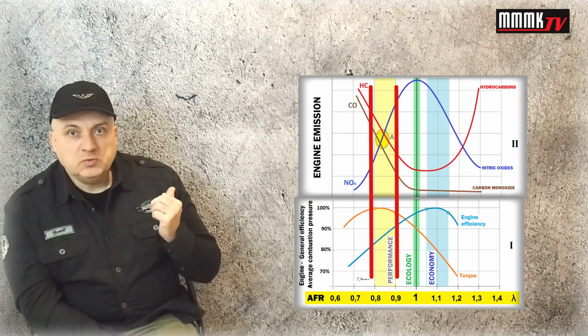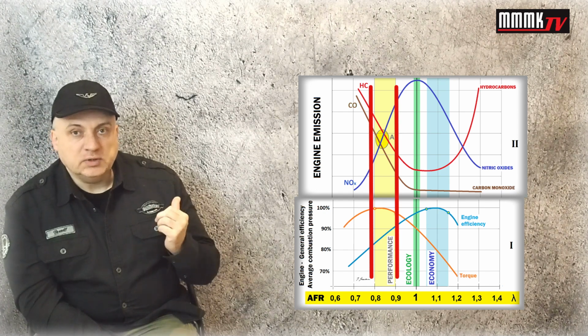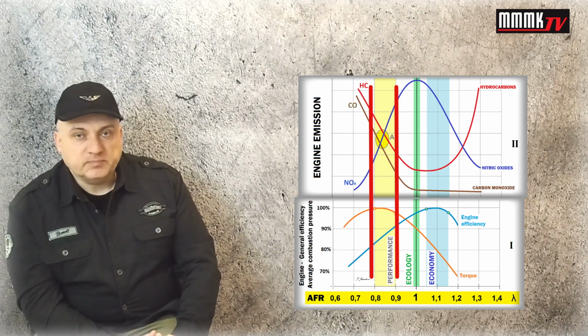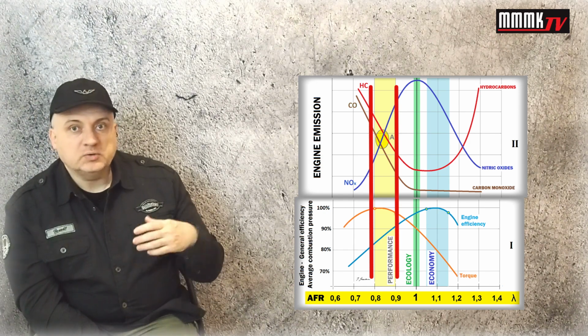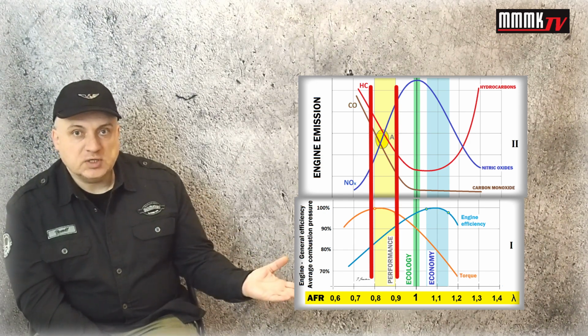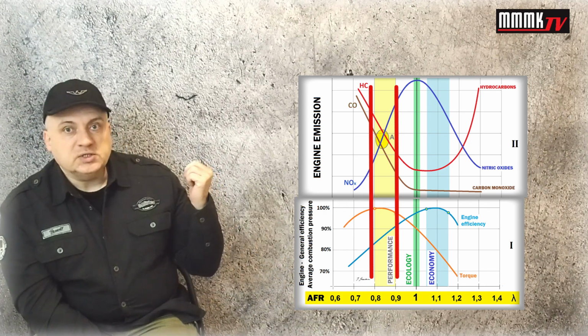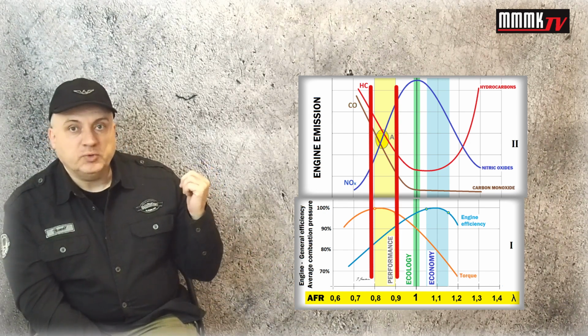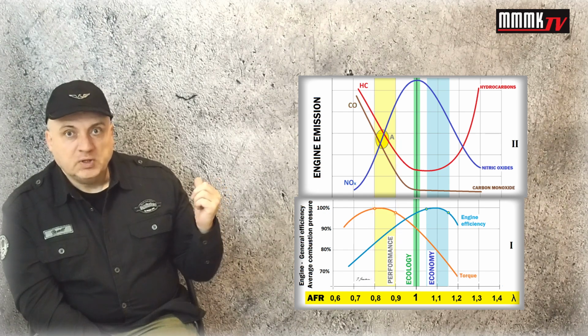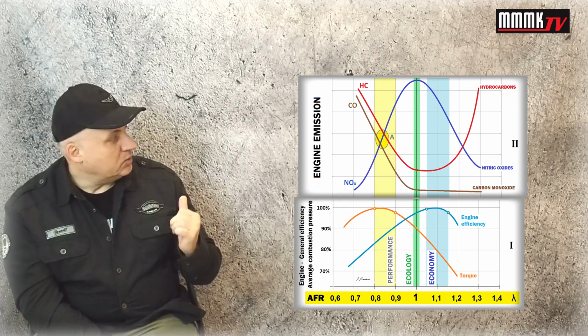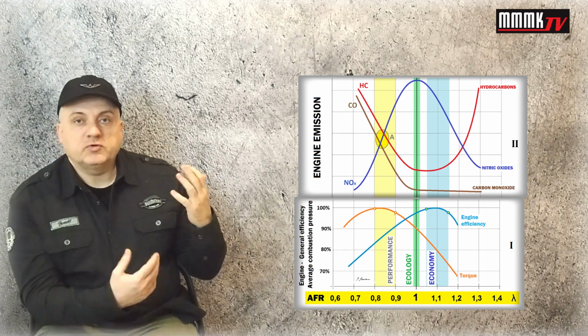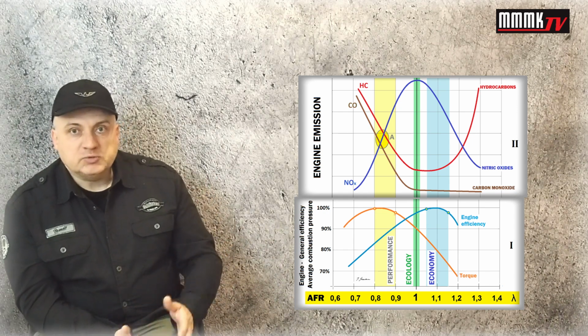And this is exactly where and how engines used to be adjusted. Engines with carburetors without a catalyst on the exhaust system used to be adjusted for lambda 0.8, 0.9. So we had pretty decent performance, and also some kind of compromise when it comes to emissions.